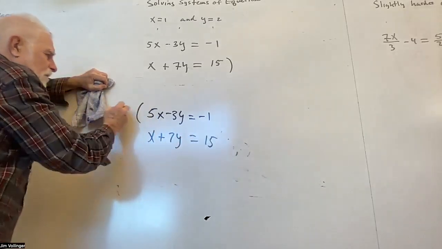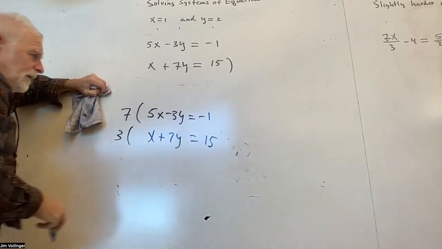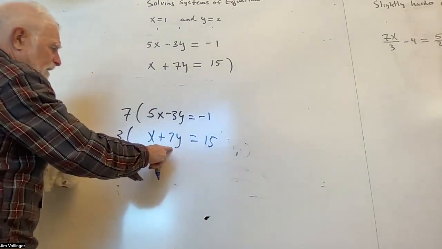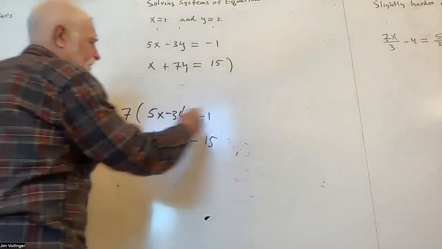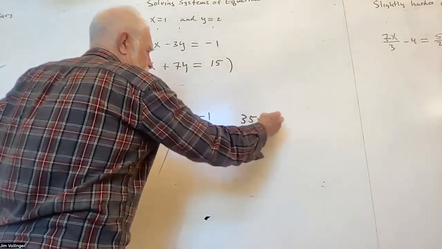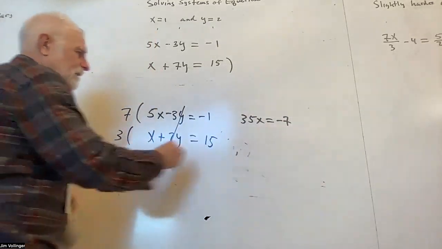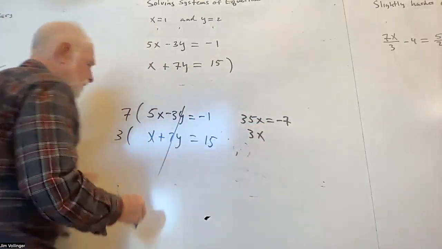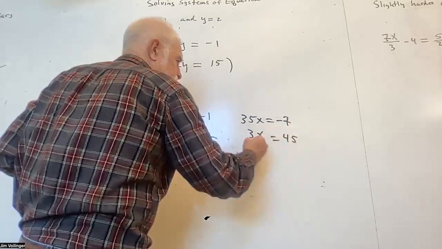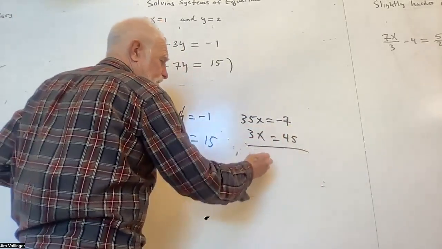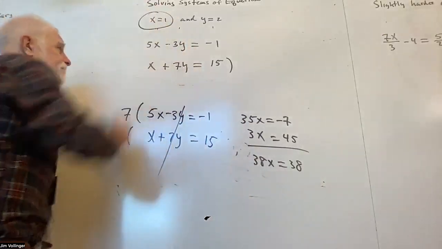So I got to multiply this one by 7 and this one by 3 because I still want the opposites. So that's going to be minus 21, positive 21. I don't even have to write this column, but I got 35x equals 7 times -1, -7. And I got 3x. Here's my 38 again, 45. When I add those up, I get 38x equals 38. There's my x equals 1.